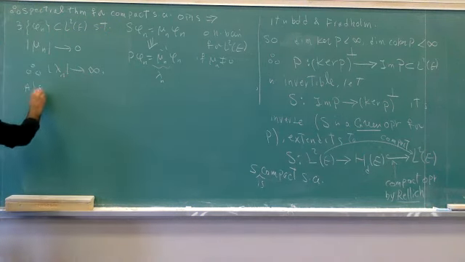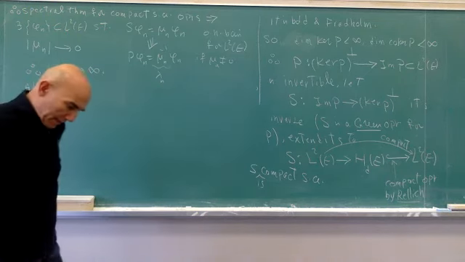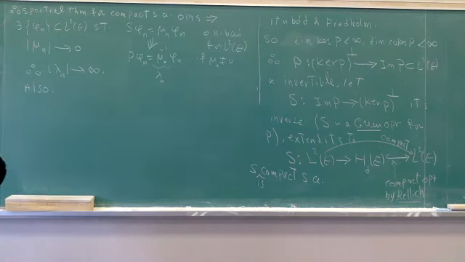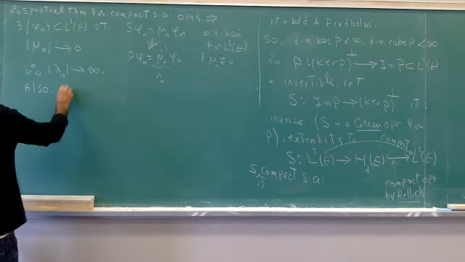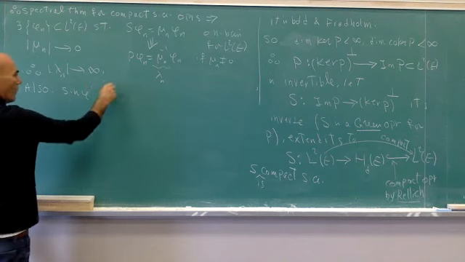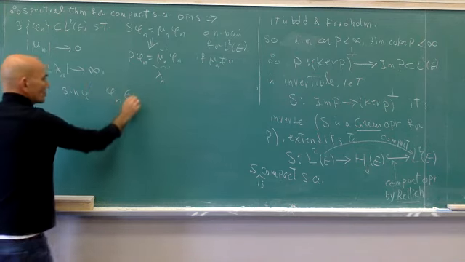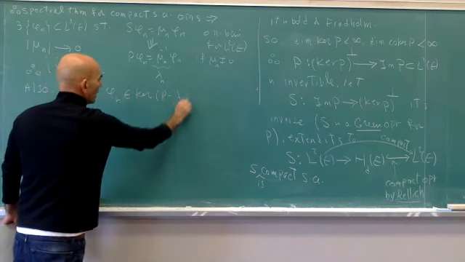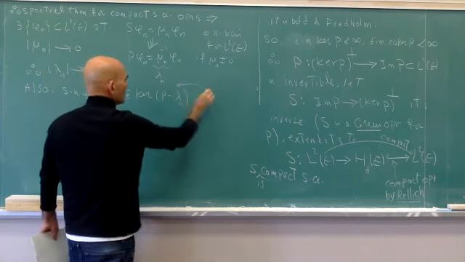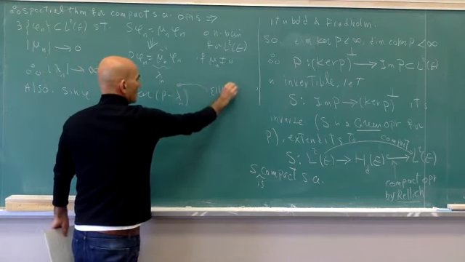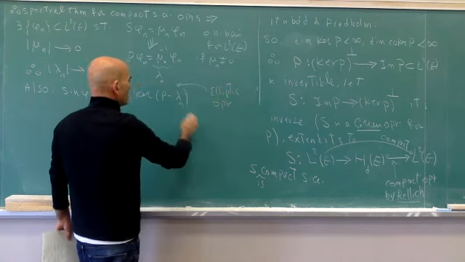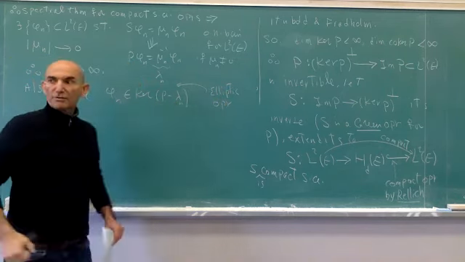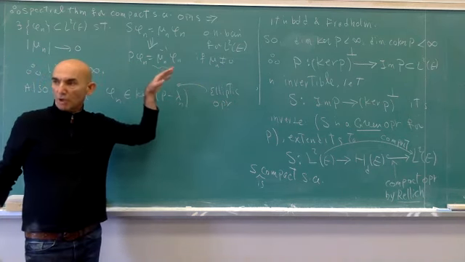Also, we have to note that phi n belongs to the kernel of P minus lambda n, and this is an elliptic operator, because we are just changing the zero order part of this operator, we are not changing the leading part, which would be the symbol.